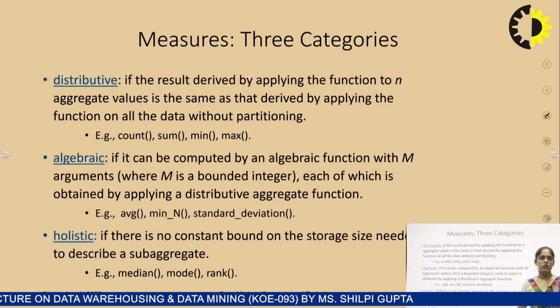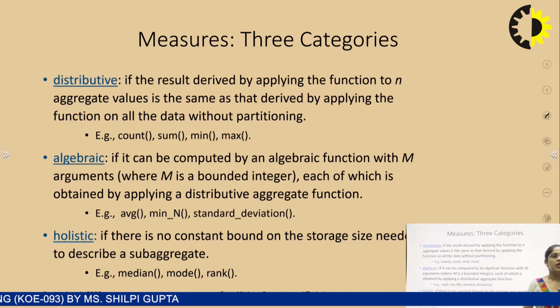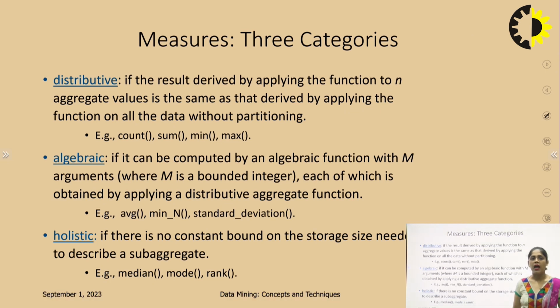Holistic, if there is no constant bound on the storage size needed to describe a sub-aggregate. So you can say in algebraic it is average, mean, standard deviation, and in holistic it is median, mode, and range.